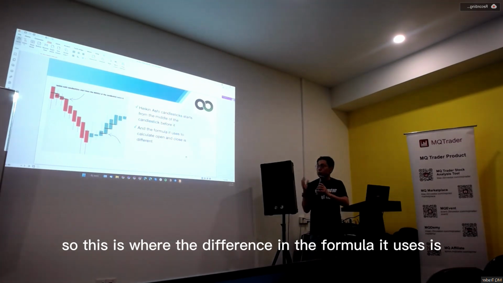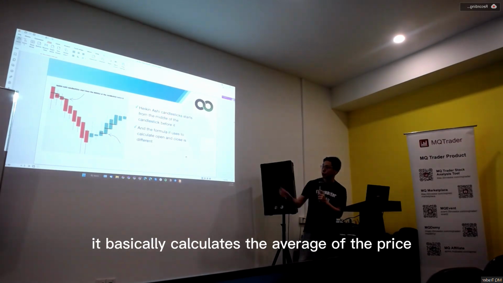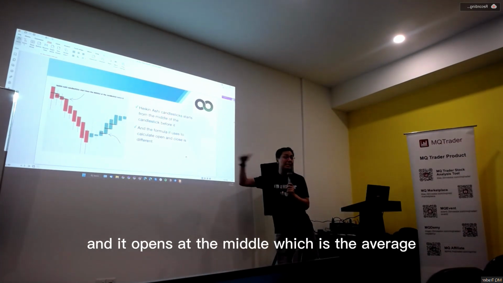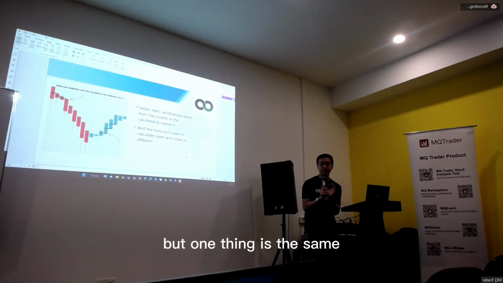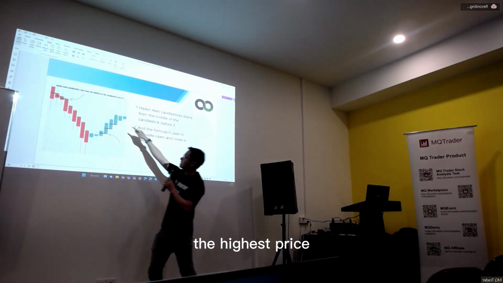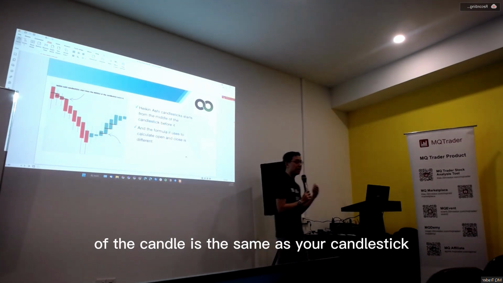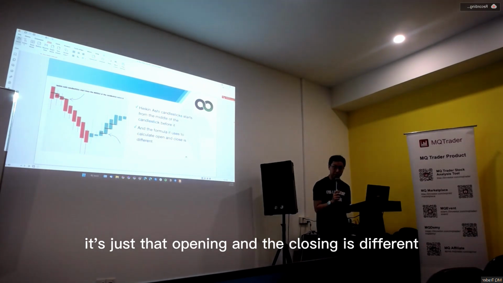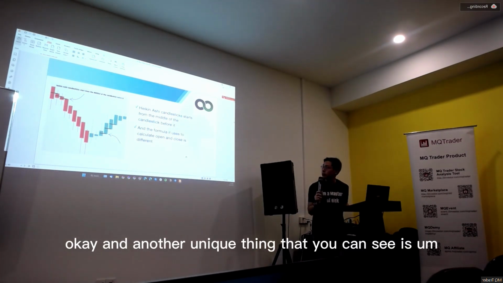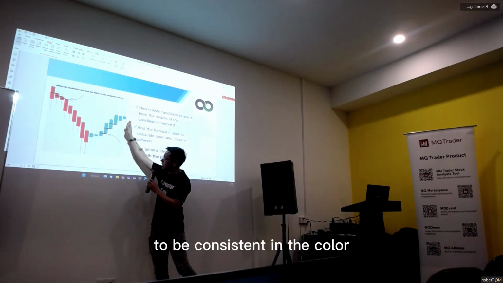The formula it uses is very different as well. It basically calculates the average of the price, and then it opens at the middle, which is the average. But one thing is the same: the highest price and the lowest price of the candle is the same as your candlestick. It's just that the opening and the closing is different. Another unique thing, as I mentioned just now, is that it tends to be consistent in color.